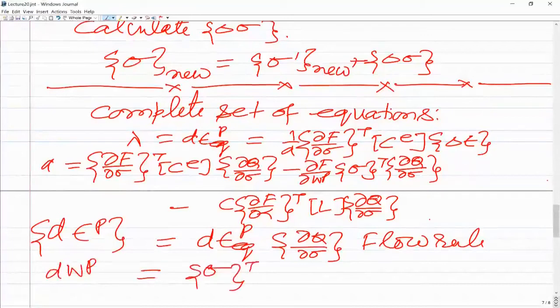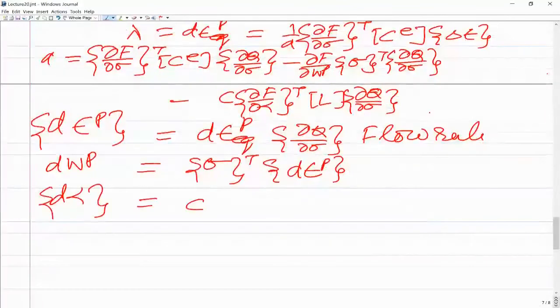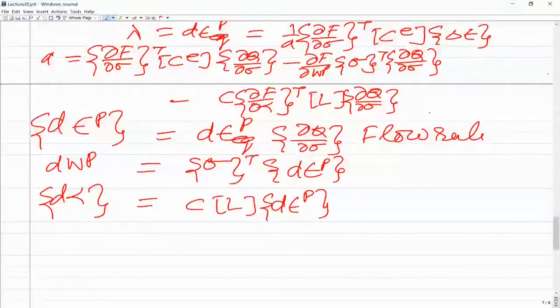So that is rather defined, d of epsilon p. And then d alpha, the increment in the back stress, we have seen that using Prager's rule, which is the simplest kinematic hardening law. There are more complex kinematic hardening laws. So now we calculate d alpha, the increment in the back stress, using this formula.